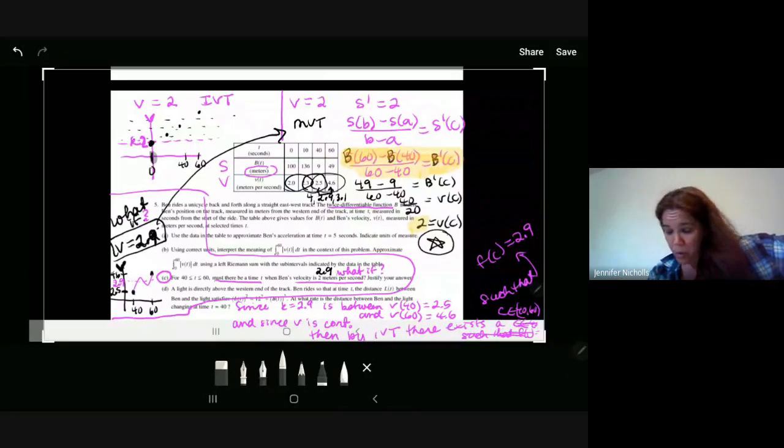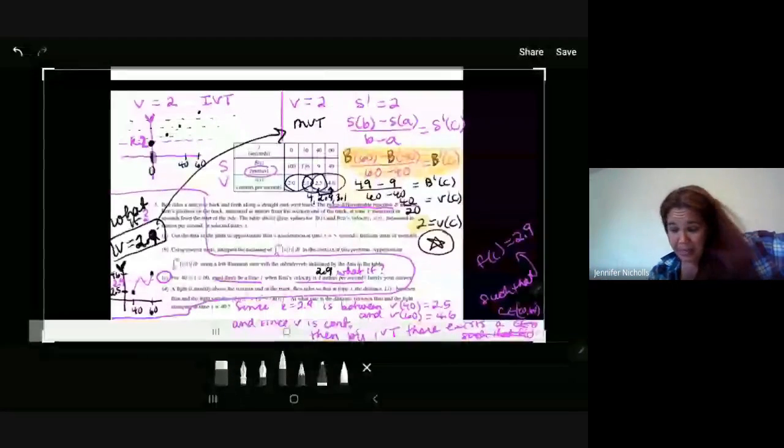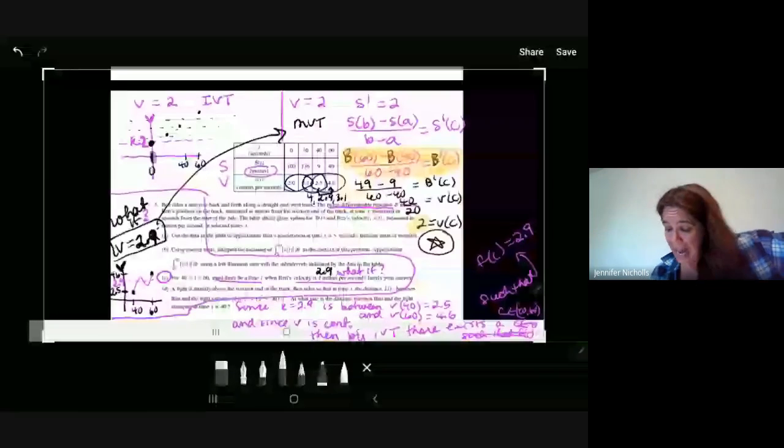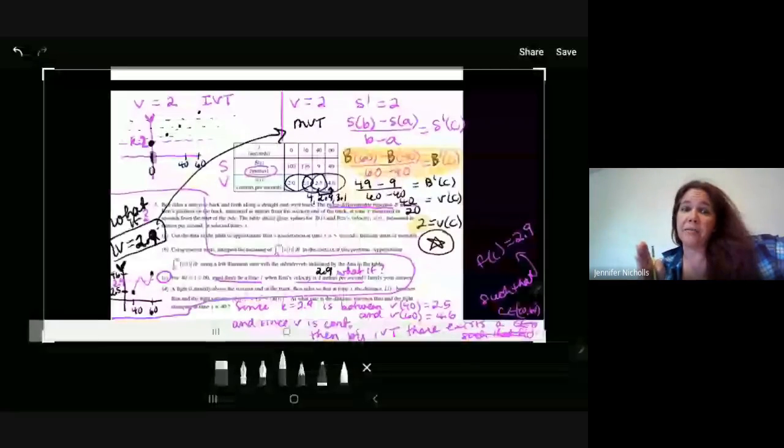So there's no keyword here. If it was 2, I would have used mean value theorem. If it was 2.9, I would have used intermediate value theorem. It has to do with the values that they gave me. So if the slope doesn't work for you, then maybe a graph of the value that you're actually looking for, which in this case was v, would help.